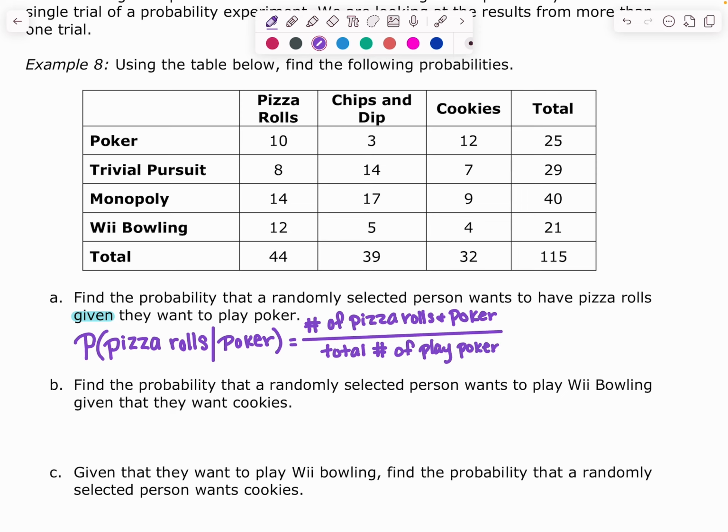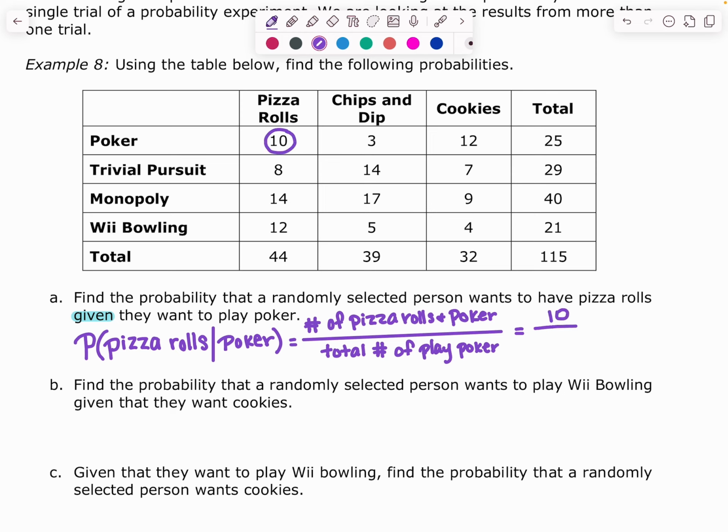So this is saying, given I've already narrowed this down to poker, we're going to play poker, what is the probability that they also want pizza rolls? The number of people that want pizza rolls and poker, we can see in our chart here, is 10.